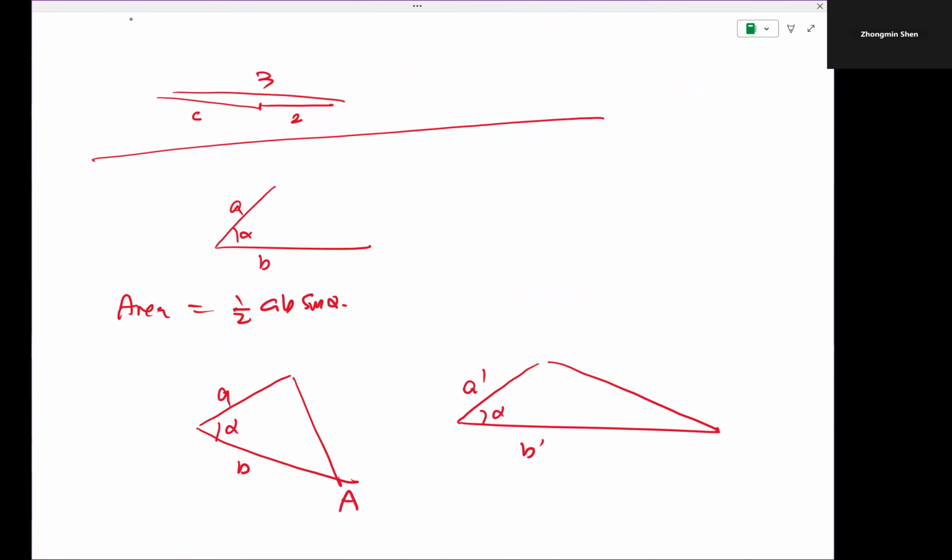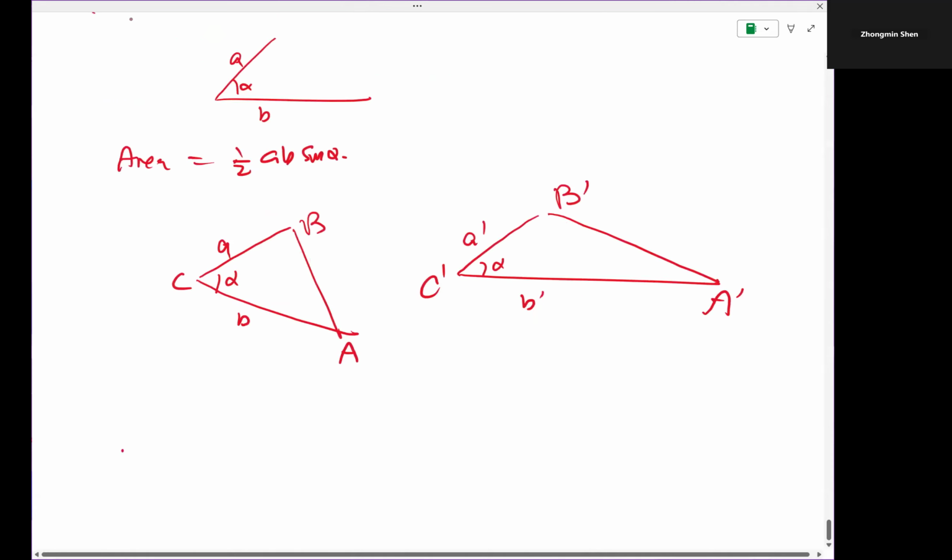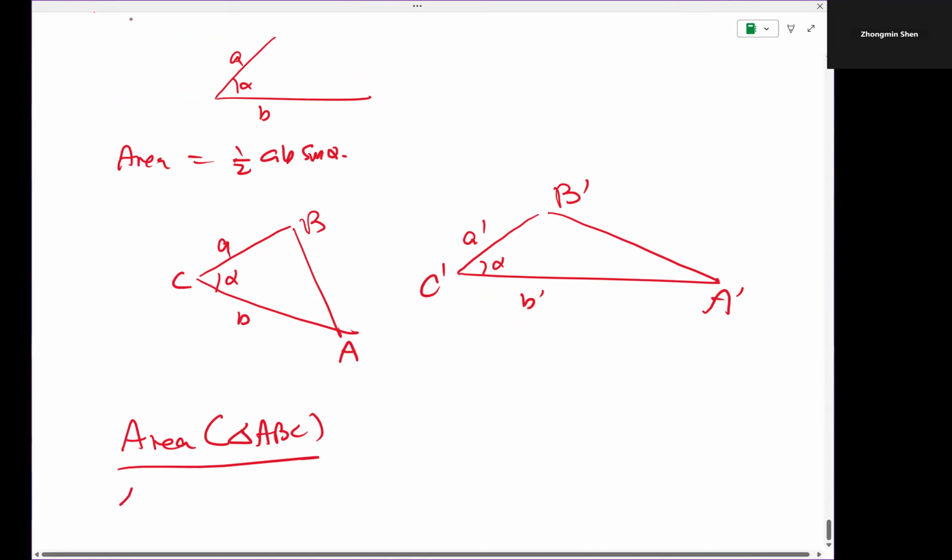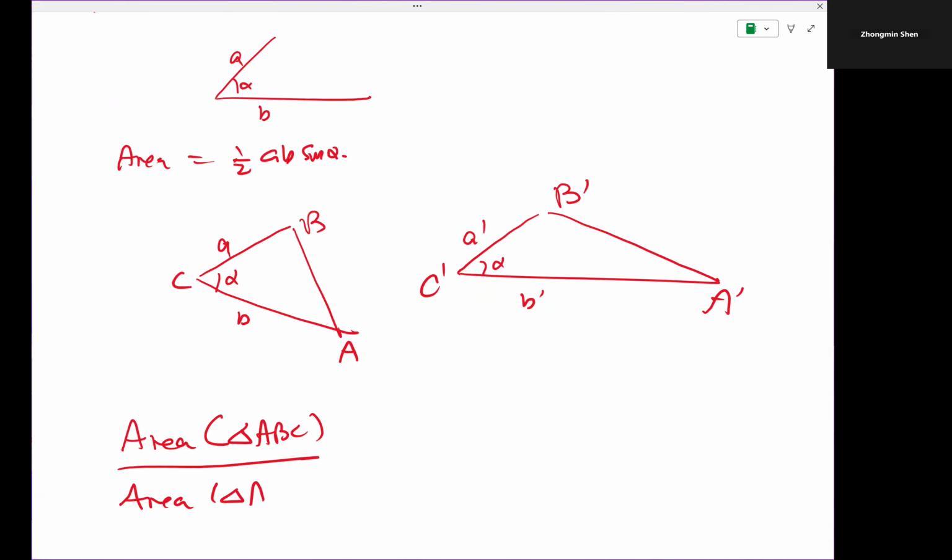So let's say this is A, B, C, A prime, B prime, C prime. Then we see what is the ratio of the areas: triangle ABC over the area of triangle A prime, B prime, C prime.